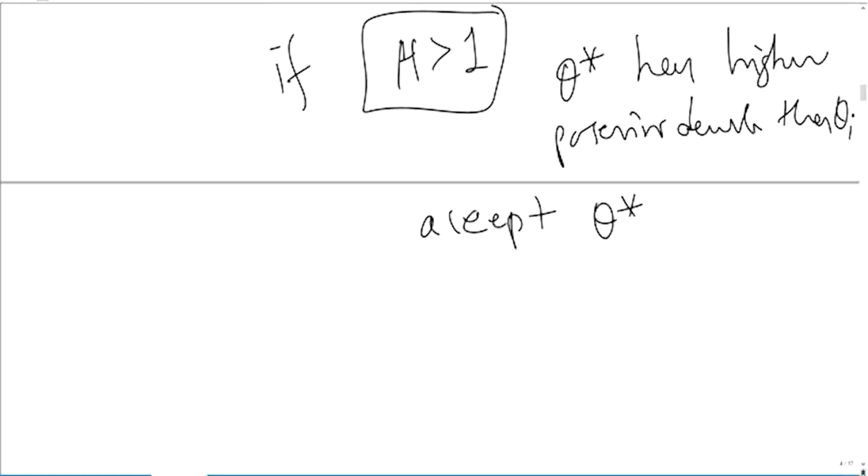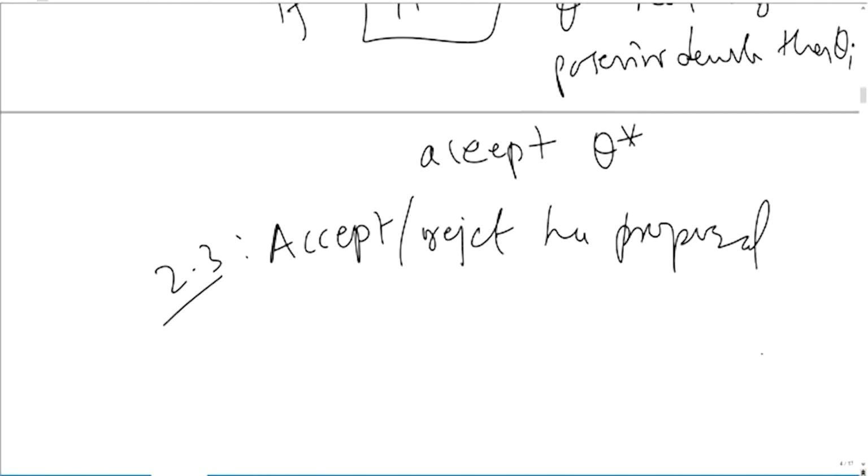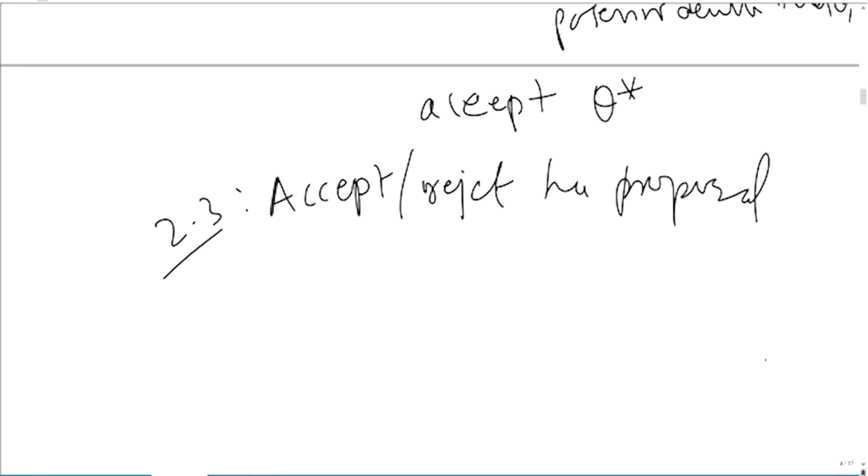Now we will see how we use h in the next step of the algorithm, in step 2.3, right? So accept or reject the proposal. How do we decide whether we accept or reject the proposal?